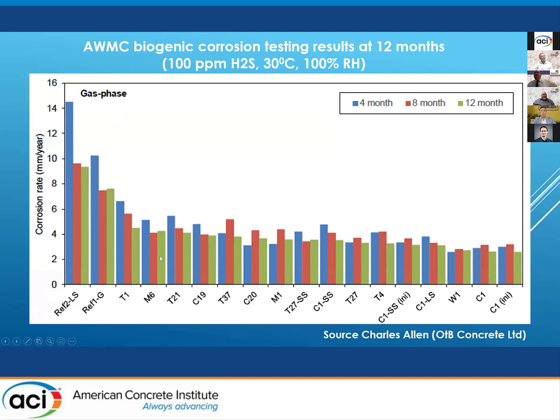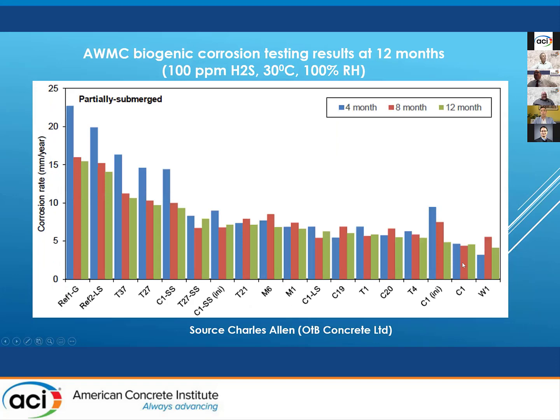So this is effectively trying to replicate the old-fashioned supersulfated cements that were used in Europe for acid resistance and have gone out of favour, but they're sort of making a comeback with people just blending their cements. This system also had a geopolymer system, which again in this gas phase came up with the lowest numbers, but not vastly better than what was coming up with even the 80% slag requirement.